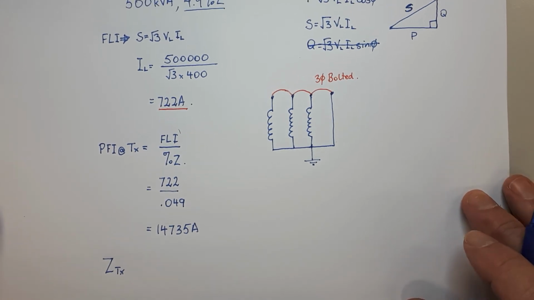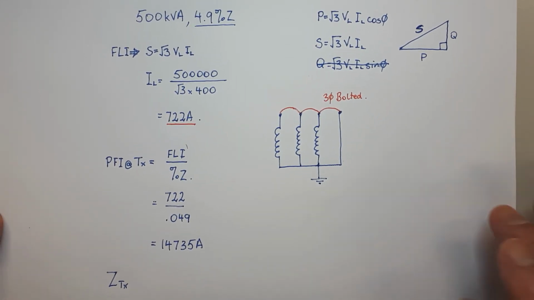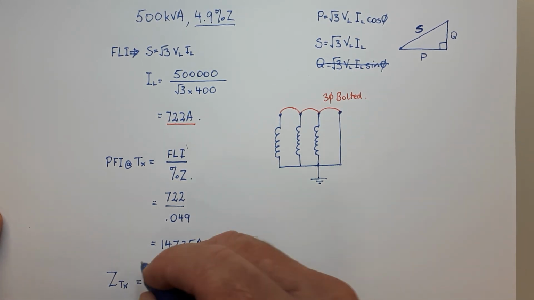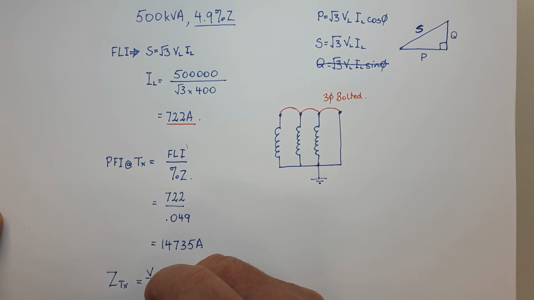So the impedance of the transformer is going to be equal to, again, just Ohm's law, V over I. So it's 230 over 14,735.